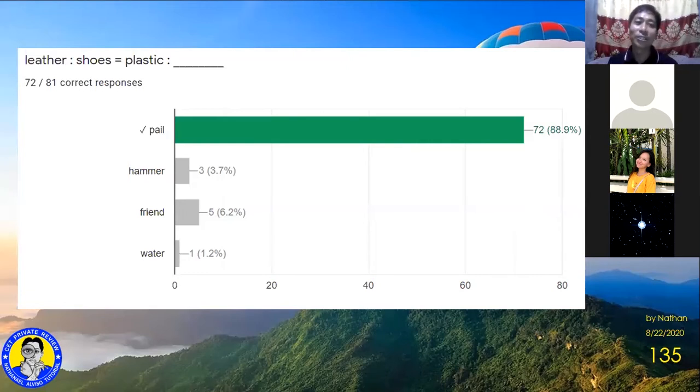Leather, shoes, plastic, and 5 answered friend. Kawawa naman yung 5. May mga kaibigang plastic. Okay, so I kind of laughed when I saw this, but most of you answered pail because it's what a thing is made of. Okay, so shoes are made of leather, and pail, the one where you store water with.